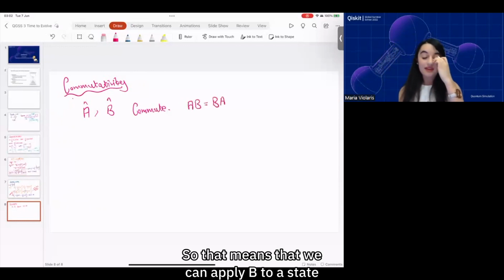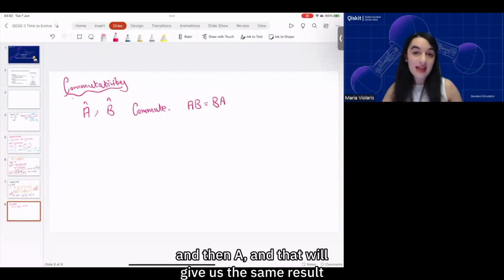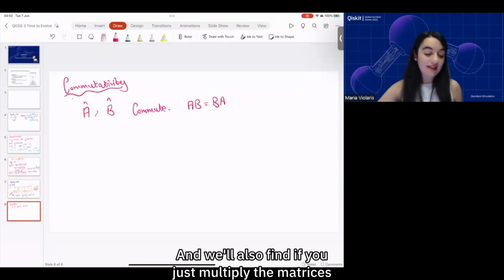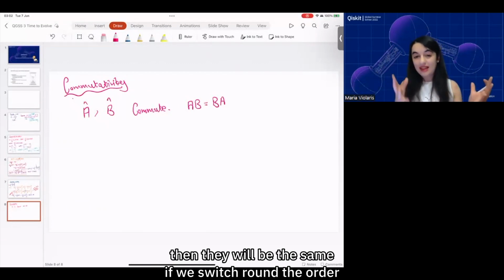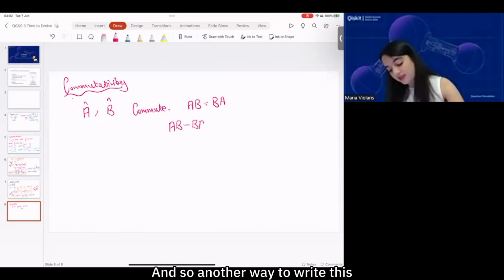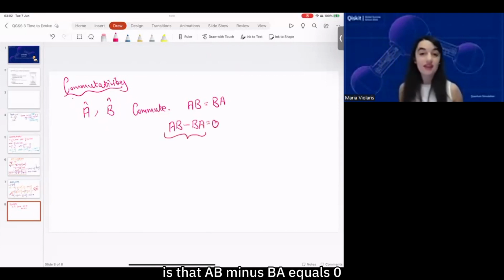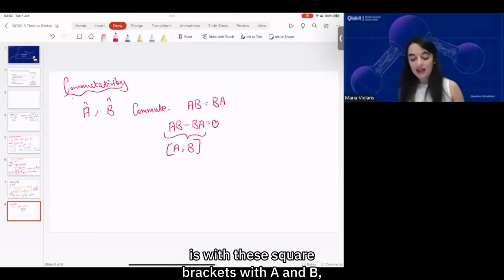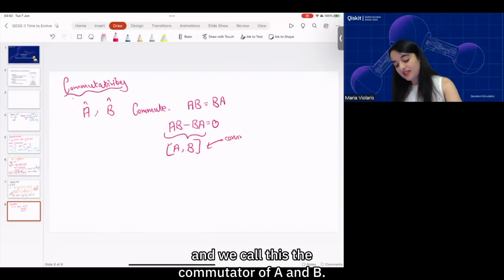So that means that we can apply B to a state and then A, and that will give us the same result as applying A to that state and then B. And we'll also find if you just multiply the matrices, then they will be the same if we switch round the order that we multiply them if they commute. And so another way to write this is that AB minus BA equals 0. And a way that we denote AB minus BA is with these square brackets with A and B. And we call this the commutator of A and B.